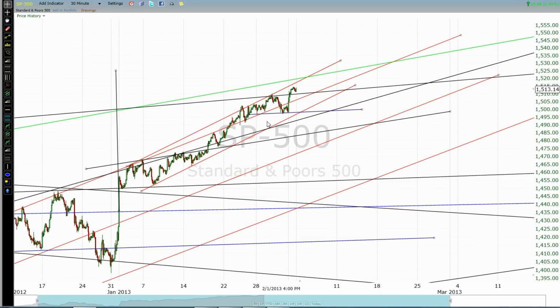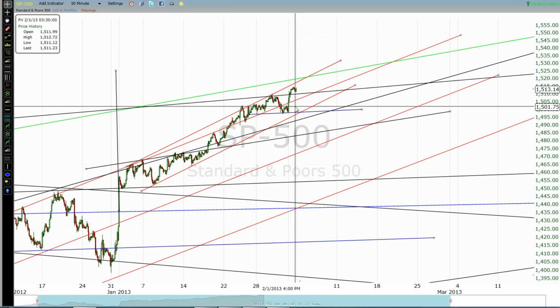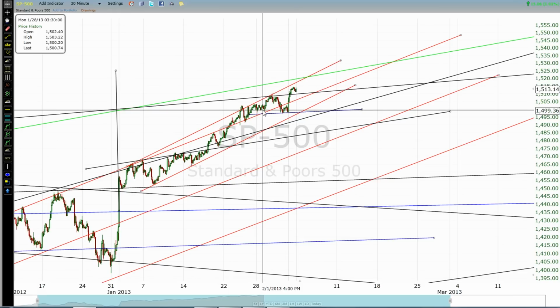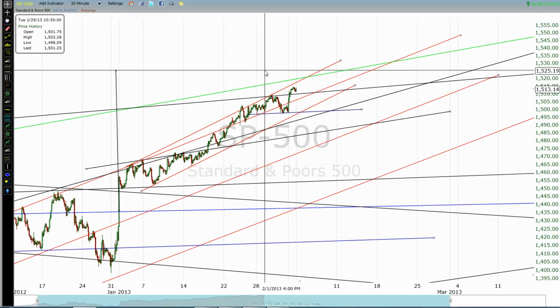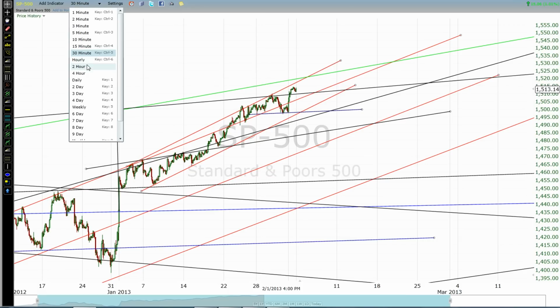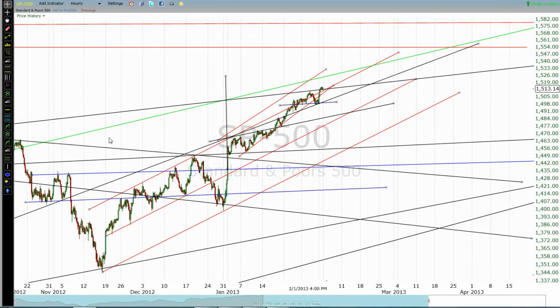And guys, it looks as if we're creating a left shoulder here, and that the S&P may be creating a head here. Even though our target for the inverted head and shoulders pattern is around that 1524, 1525 area, I've changed the measurement of that pattern slightly.